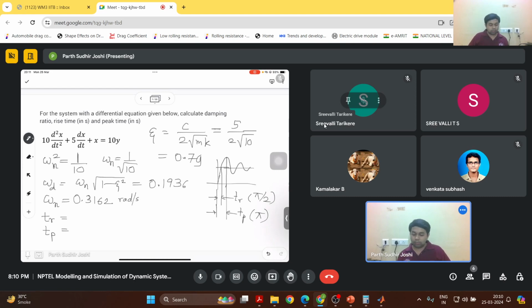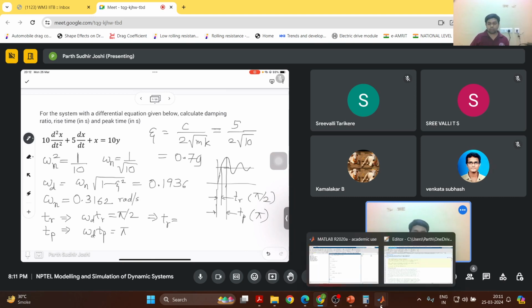So basically omega d into TR is equal to pi by 2, and omega d into TP is equal to pi. From this we can get the rise time.